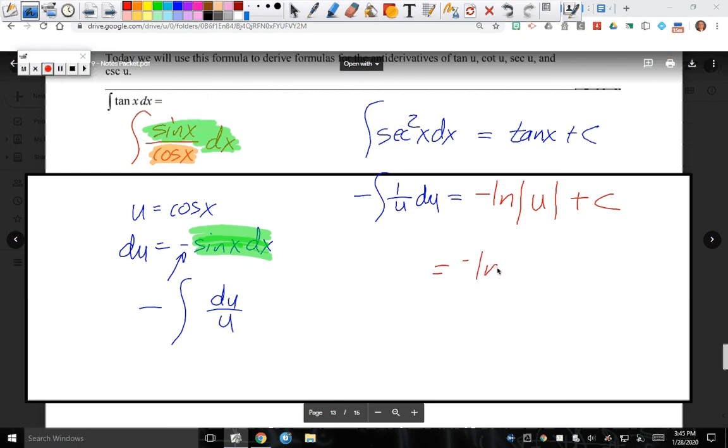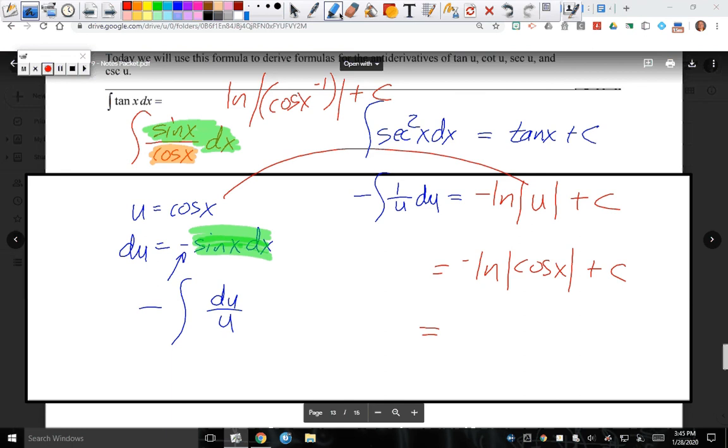So it's the negative natural log of cosine of x plus c. And yes, you could bring in this negative. And this negative actually goes here, those of you who are wondering. And then the absolute value.